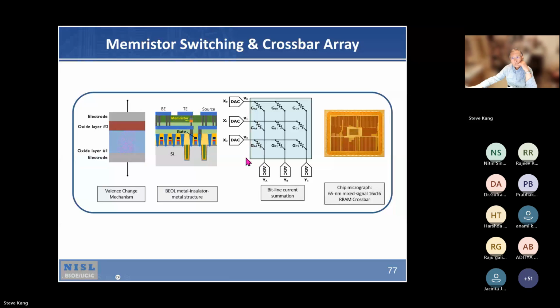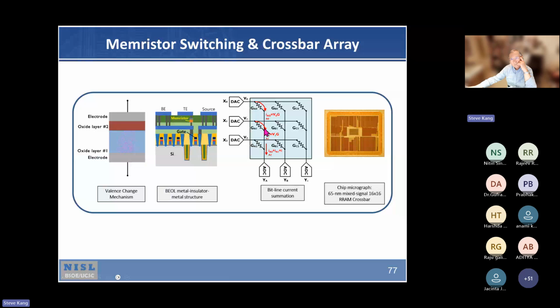Now, what is interesting is application. As you can see here, a voltage signal comes in and induces current through this memristor. Then you can have another input and another current.